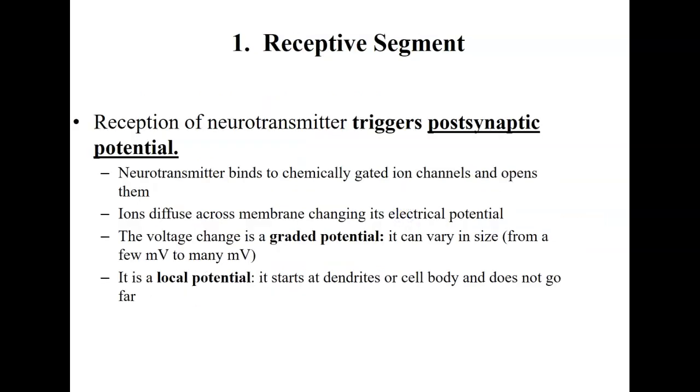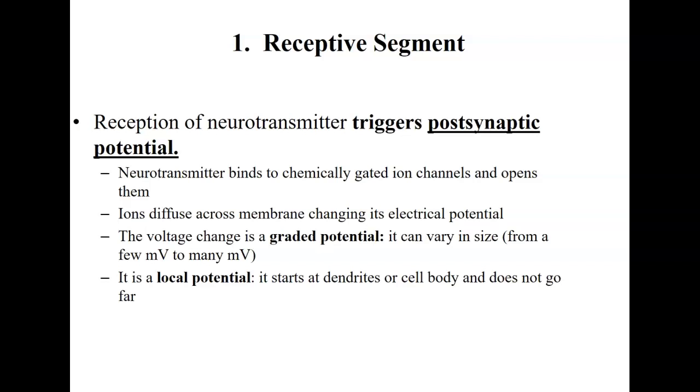At the receptive segment, when the neurotransmitter binds, it will trigger what we call a postsynaptic potential. An end plate potential is a type of postsynaptic potential. The neurotransmitter will bind to chemically gated ion channels and open them. Ions then diffuse across the membrane, changing its electrical potential, and the voltage change then we call a graded potential.